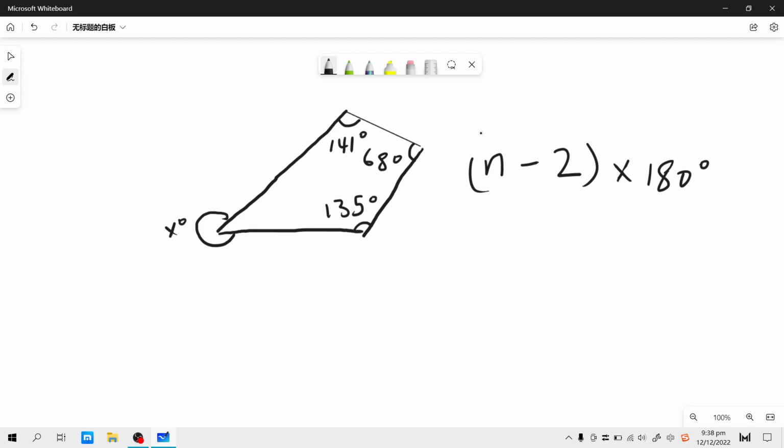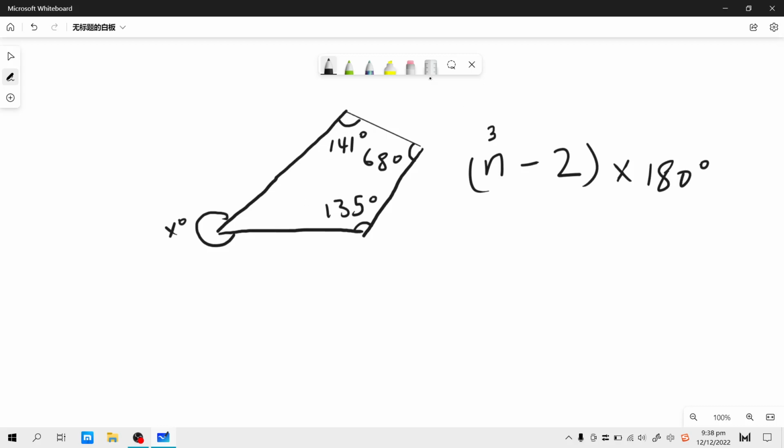So just now the triangle has 3 sides. So 3 minus 2 equals 1. 1 times 180 degrees equals 180 degrees. That's why a triangle is 180 degrees, but there are other reasons why it is. I will not talk about that. It's irrelevant.